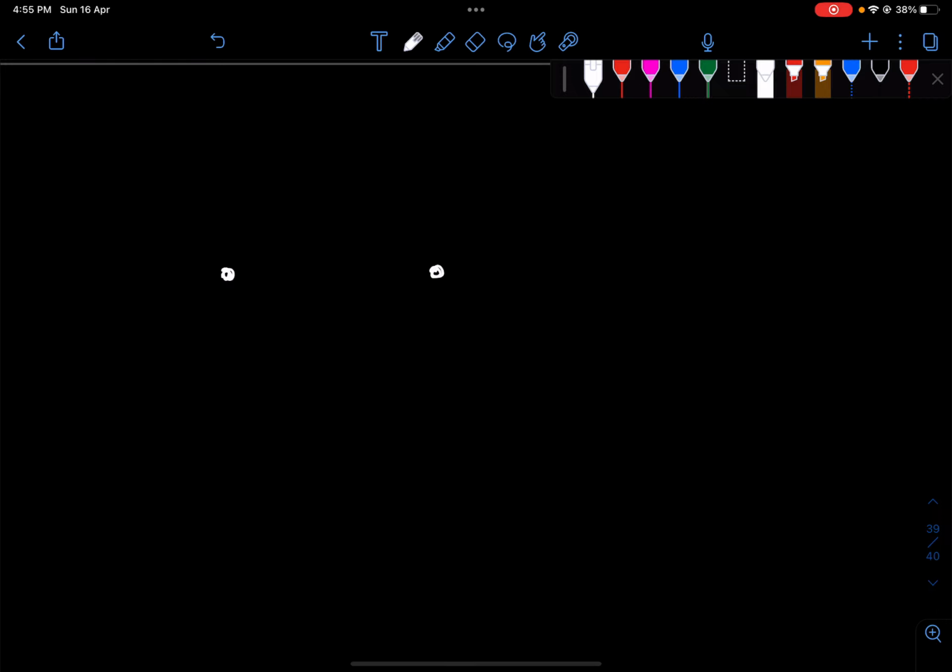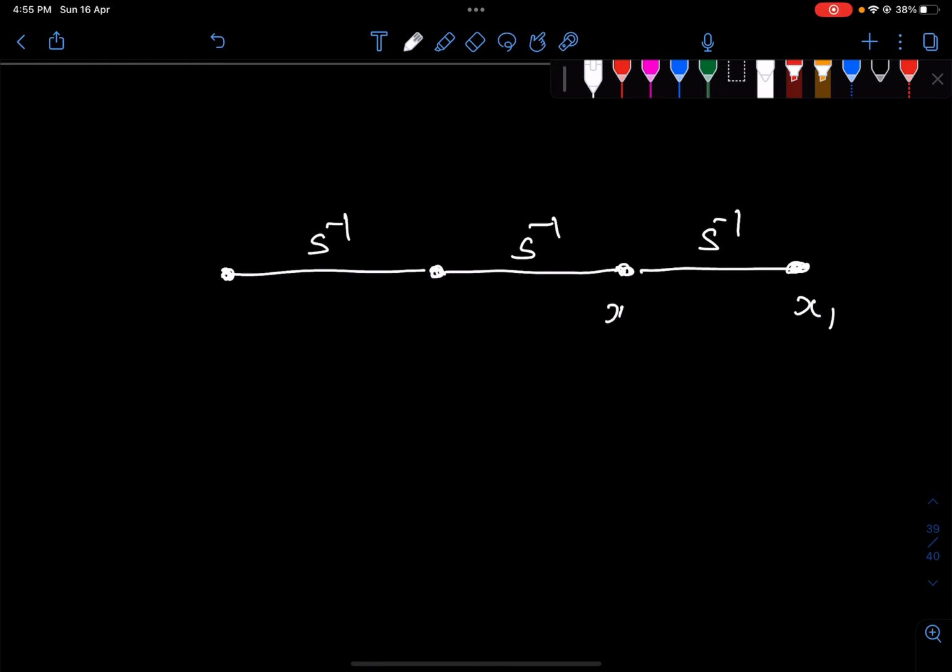You put 4 points like this, then put an integrator in between, then this is x1 and this is x1 dot, or this is x1 and this is x3 dot, from the highest power to the lowest power, that is x3 here, x2 dot.